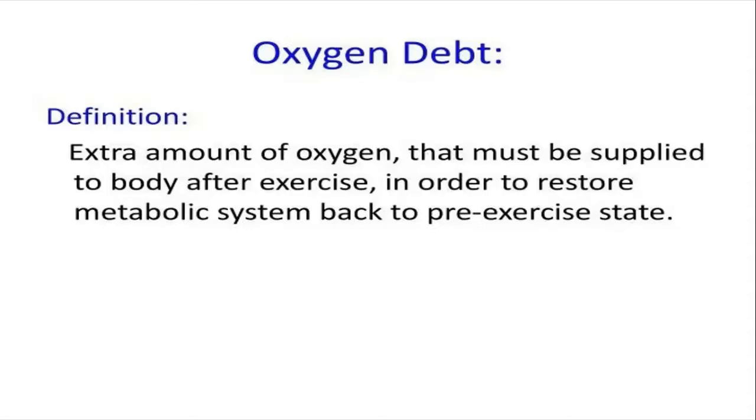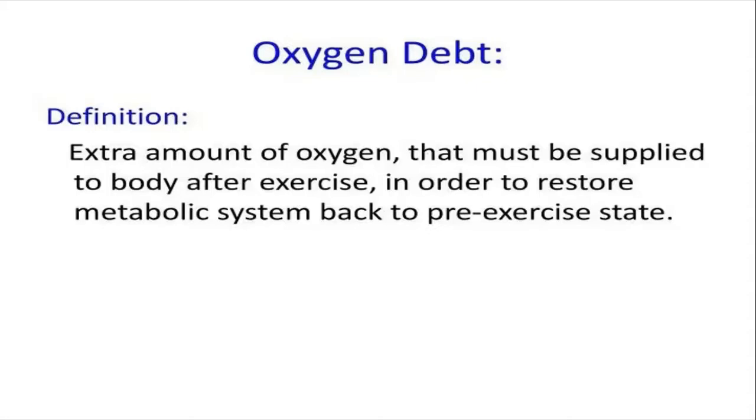The later portion is called the lactic acid oxygen debt, and it amounts to 8 liters. So even after doing an exercise, you need to consume more oxygen for a certain long interval, say 30 or 40 minutes, to repay this debt that you have incurred during exercise.